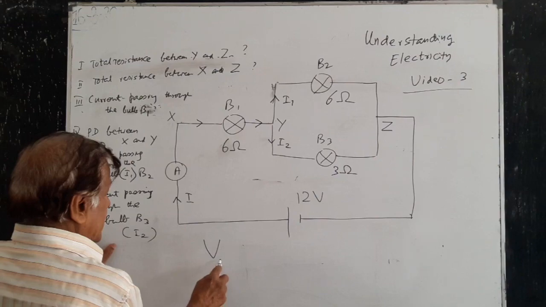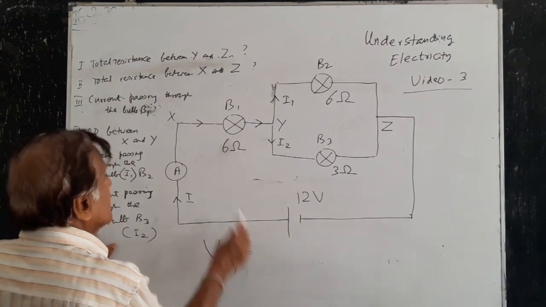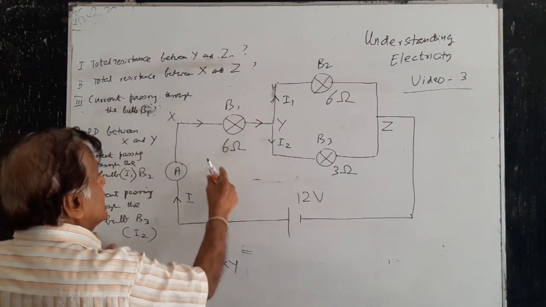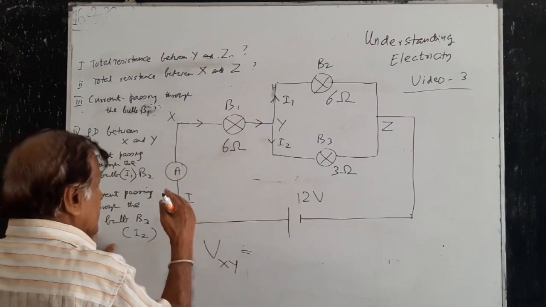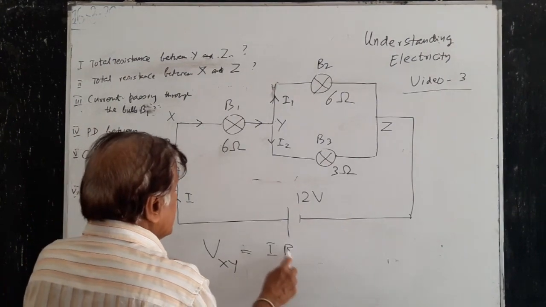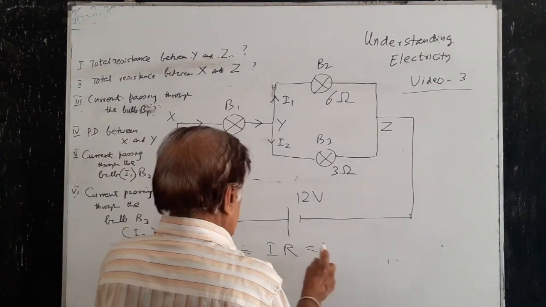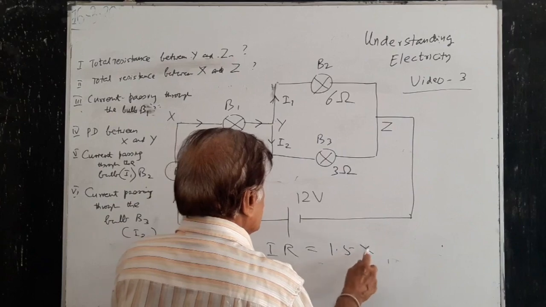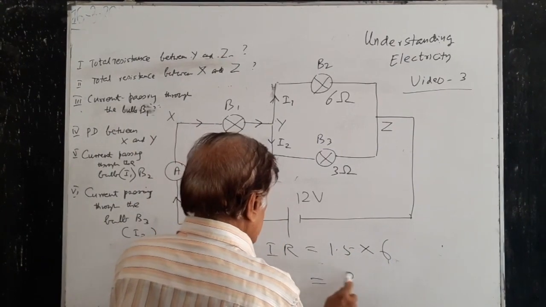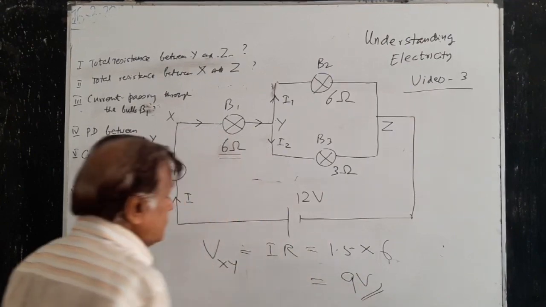V xy, the potential difference between X and Y, that is the potential difference across this bulb, is equal to IR. I is 1.5, resistance is 6, therefore 9 volts.